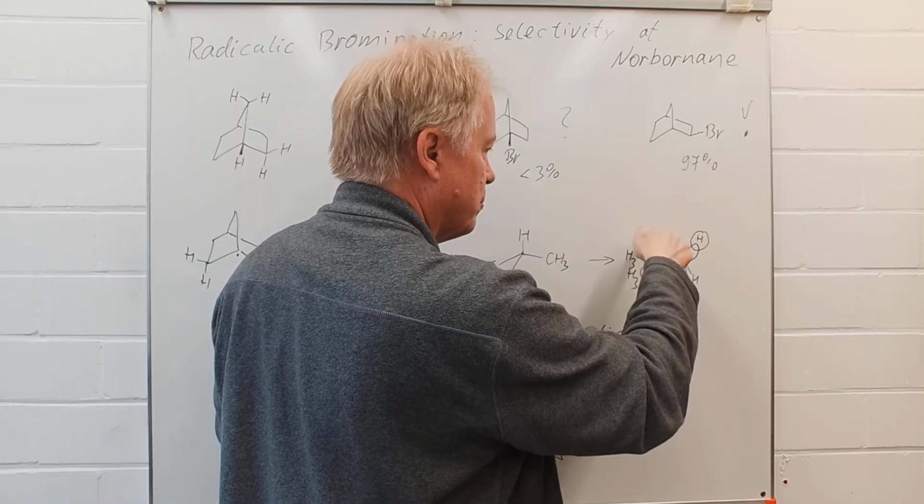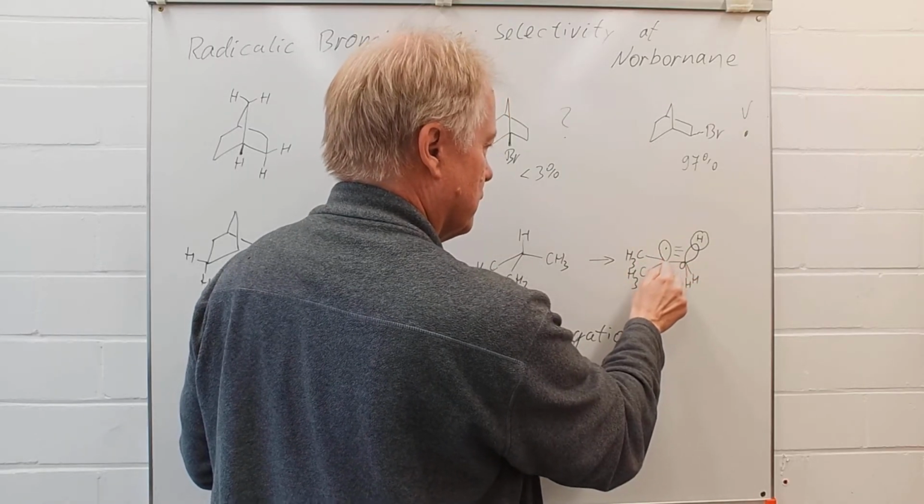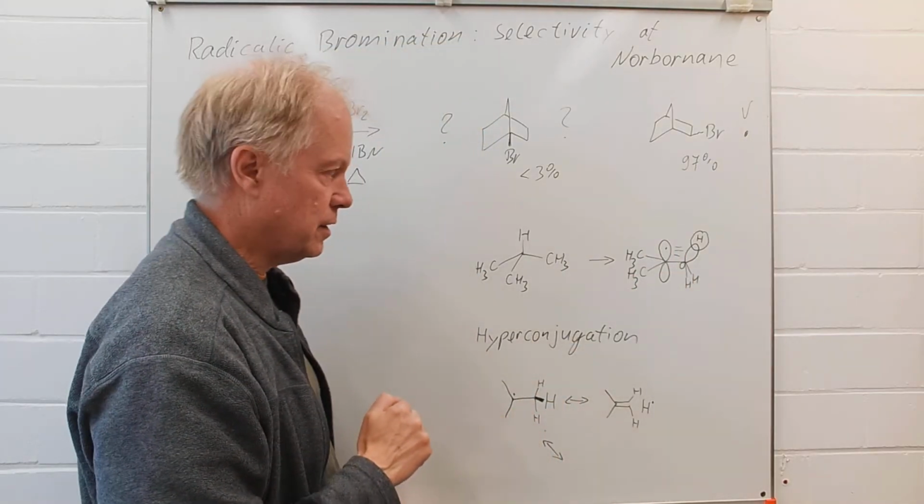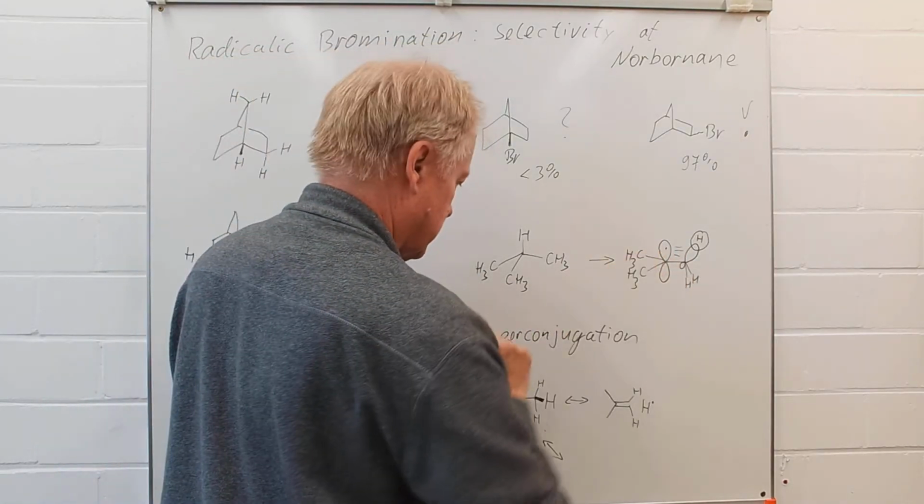This is then a planar system with a p orbital in the center and a radical electron here.